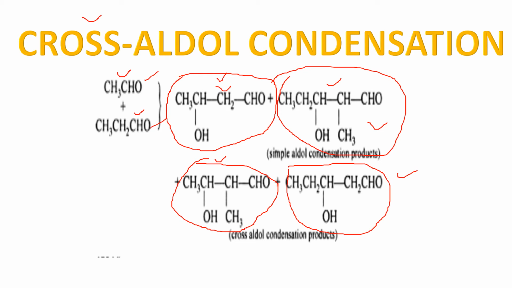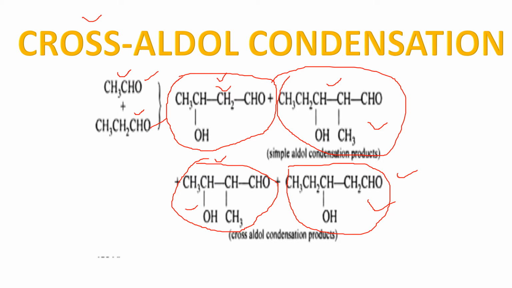Now in one of the cross-aldol products, ethanal is supplying the carbonyl oxygen and propanal is supplying the hydrogen. In the other cross-aldol product, propanal is supplying the oxygen and ethanal is supplying the hydrogen. So this is what happens in cross-aldol condensation. So we get four products in cross-aldol condensation: two are self-aldol products and two are cross-aldol products.